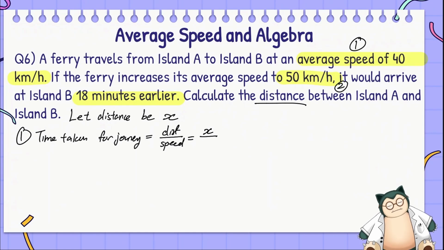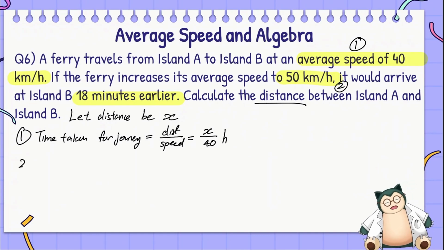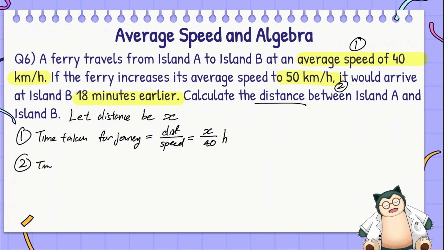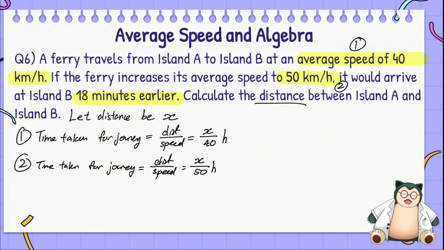Okay, x over 40 km per hour, and this would be the time taken in hours. Okay, so for our second journey, the time taken for the journey would be same thing, distance over the speed, which would then be x over 50 hours. Alright, so now we have these two parts.